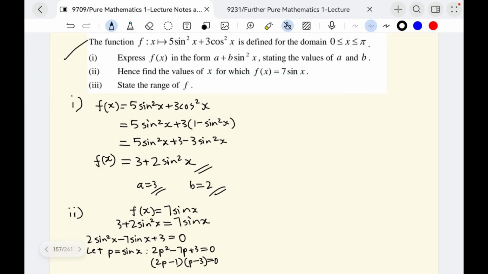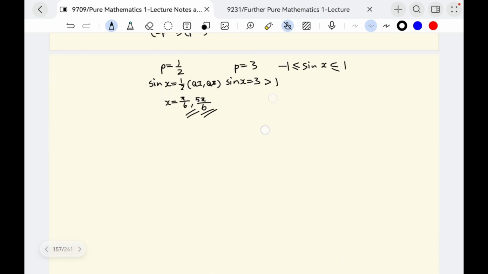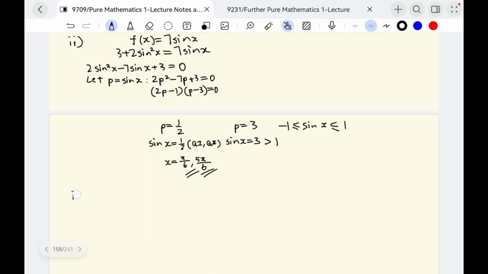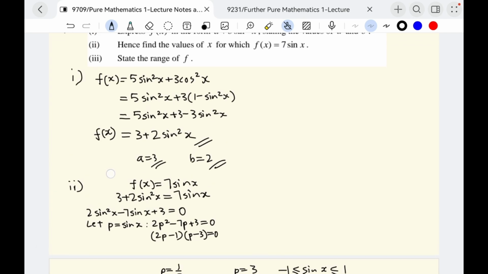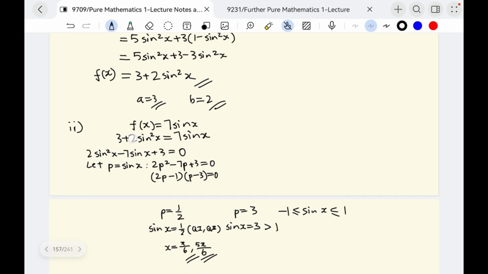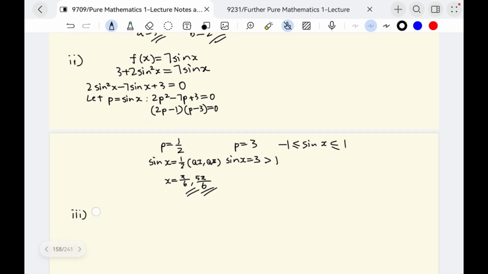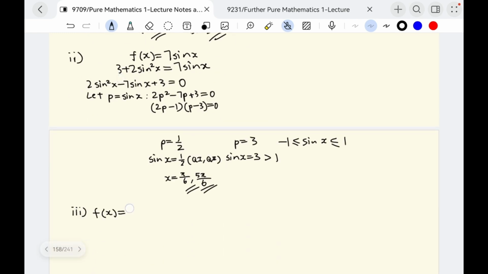Okay, part C. State the range of f. So, restating, f(x) is 3 plus 2 sine square x.